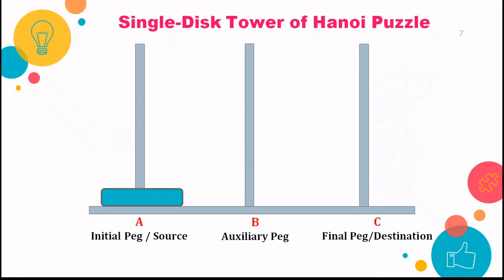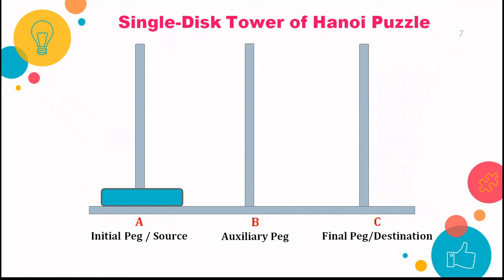Now let's understand the single disc Tower of Hanoi puzzle, in which we have three pegs, but only one disc is there, and this A is your initial peg, or you also call it the source, and C is your final peg, or you also call it the destination. So we have to place this blue disc from A to C, and we can also use B in case we need any combination for using it, right?